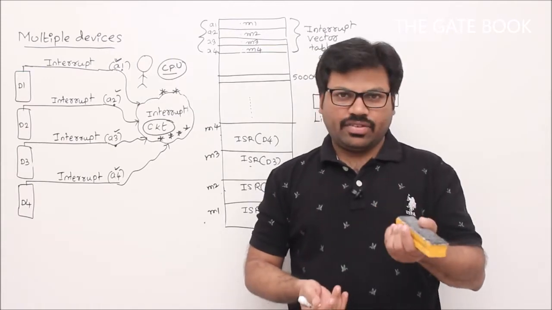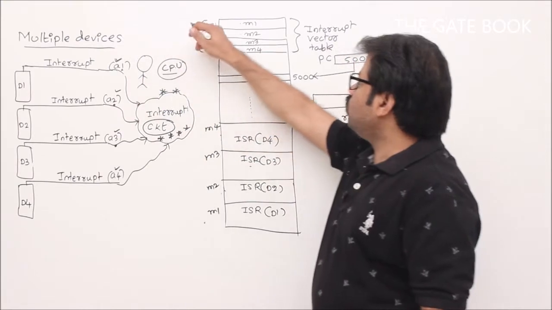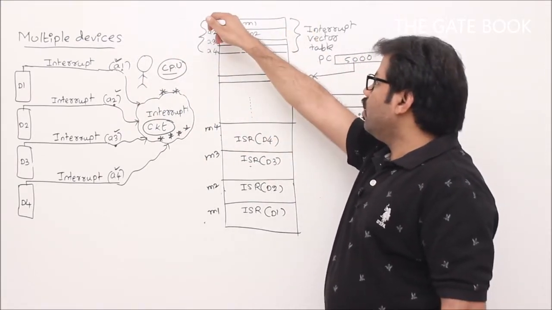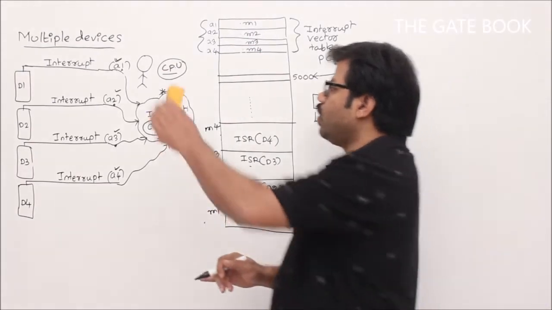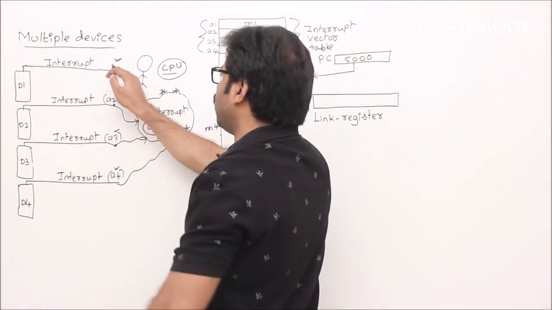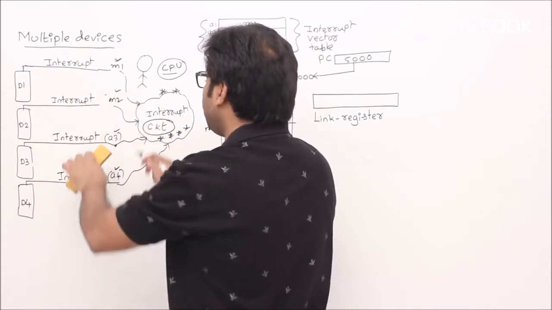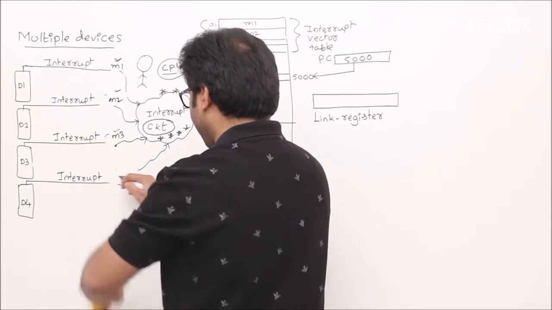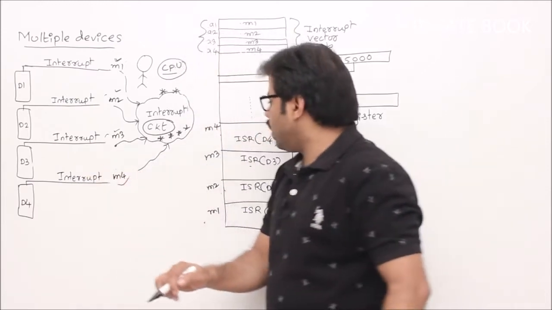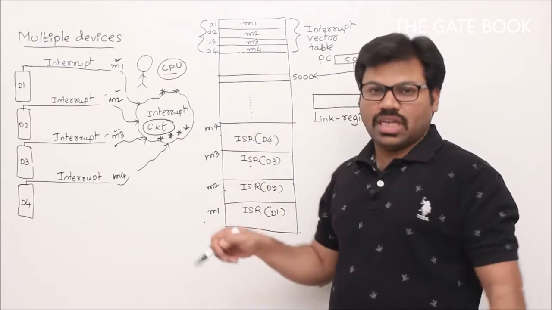There is an alternative. Rather than A1 pointing to M1, where M1 is the starting address of the interrupt service routine, we can directly use M1, M2, M3, M4. The problem with this is, these are all implementation details, that I cannot change these interrupt service routines.